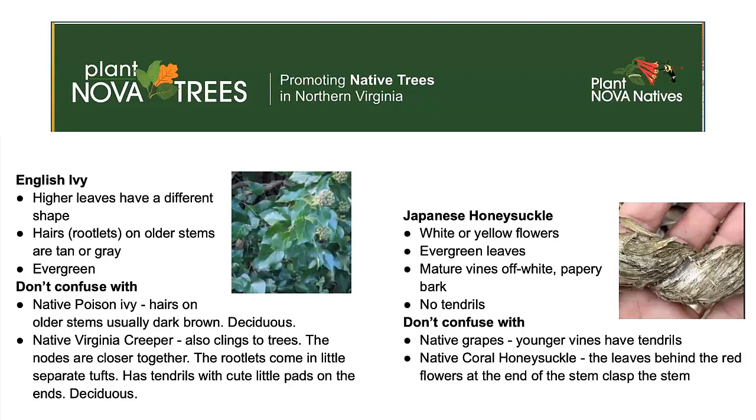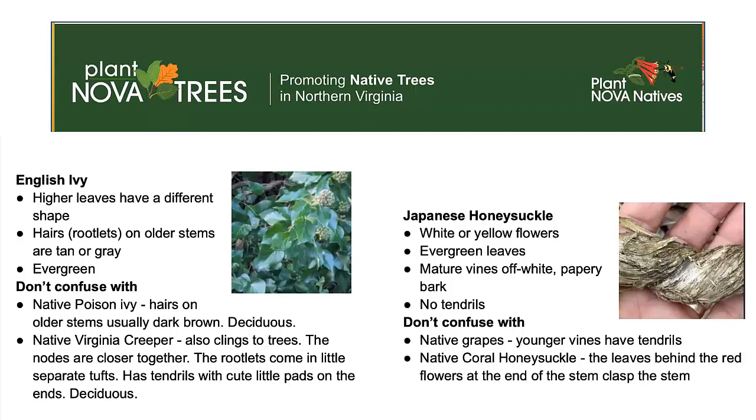Japanese honeysuckle, which you see on the right side, is the one that causes the trees to form those incredible spiral shapes. You can kind of see how it has been twisted. The stem of the honeysuckle actually twists around the growing trees and causes them to contort themselves. The mature vines of the honeysuckle tend to be really papery, and the bark peels off.